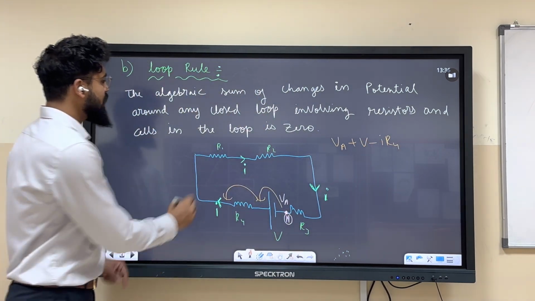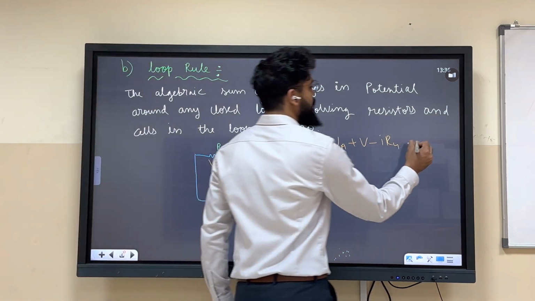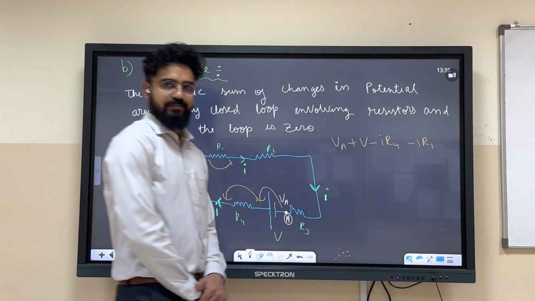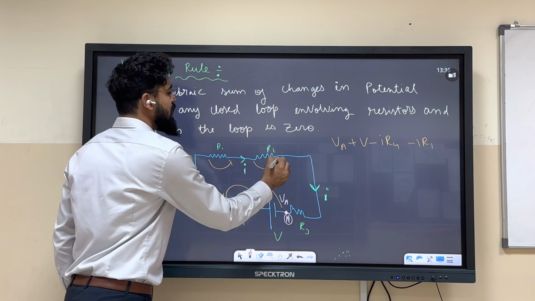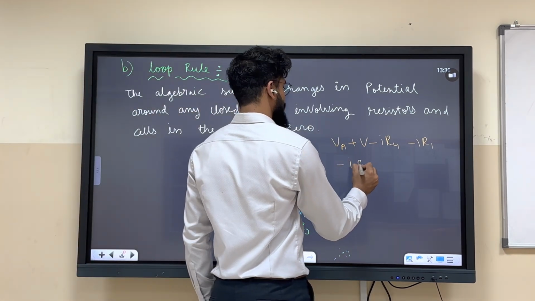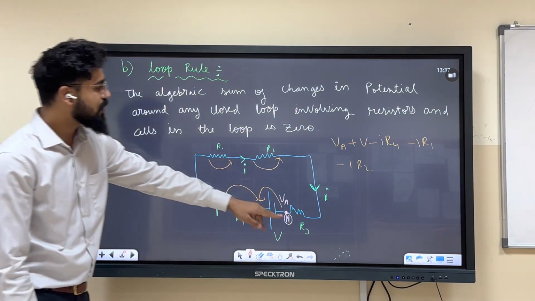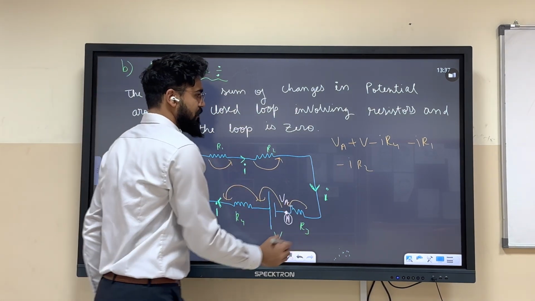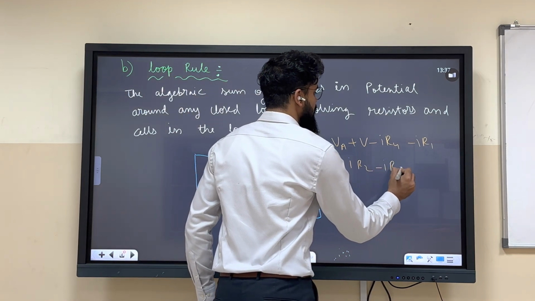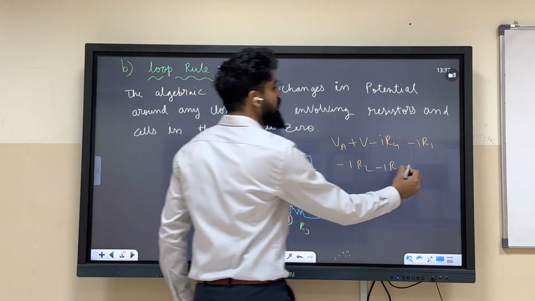Now when we are jumping from here to here, potential will again decrease, minus I R1. When we are jumping from here to here, potential will again decrease by negative I R2. Now when we are jumping from R3 to A again, negative I R3. Now when we are reaching this point again, obviously we will say, okay, V.